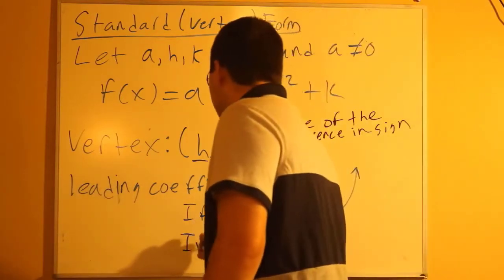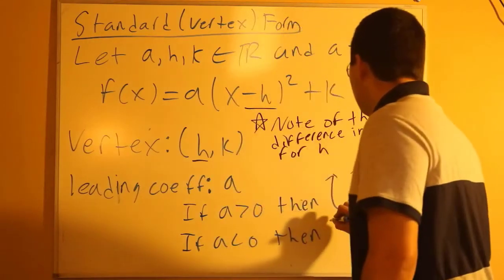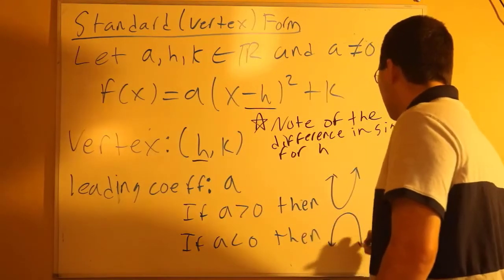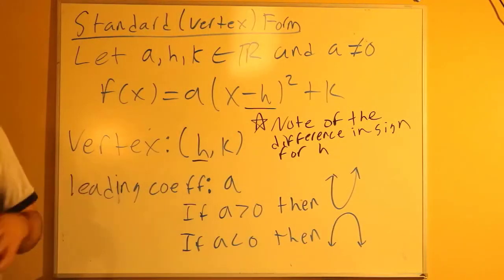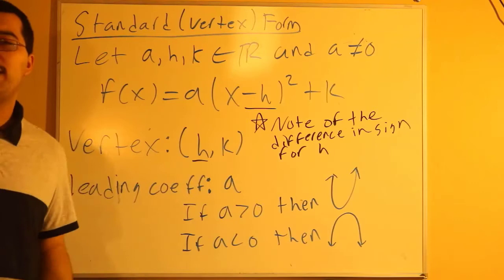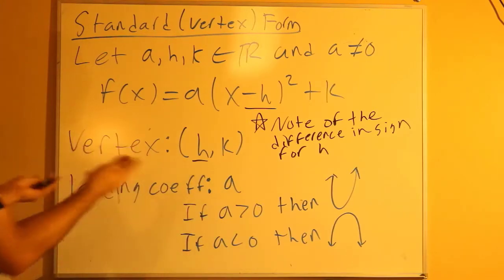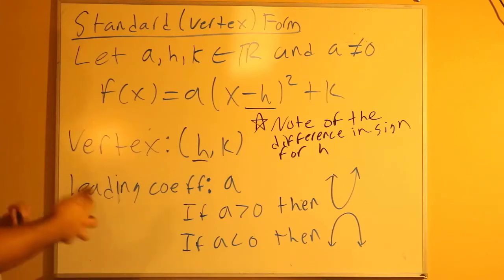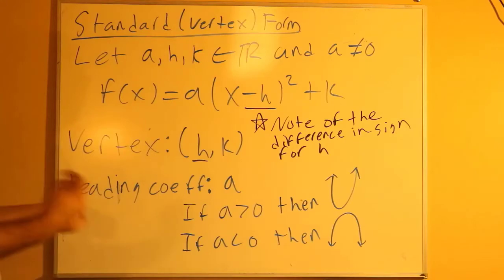And if a is less than 0, then we get a parabola that opens down. All right? So that's very important to know. So not only do we get our vertex, we automatically understand whether that vertex is a max or a min. That's pretty powerful information. So that's kind of the big reason why this vertex form is so popular and why it's so useful. It just tells you so much about your graph without even having to graph it.